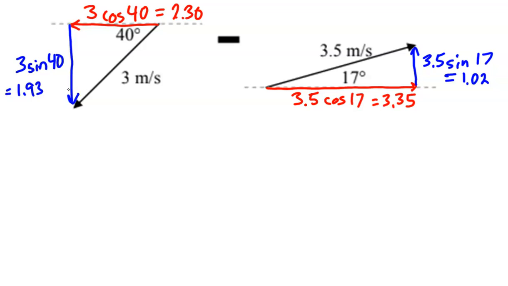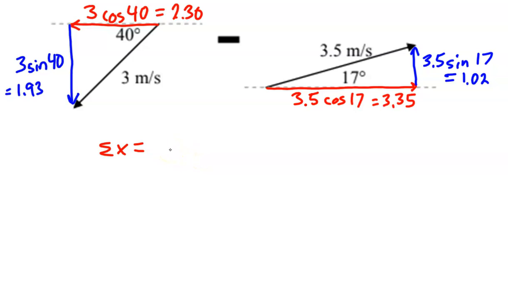The first last thing that we're going to do here is sum up our x and our y directions, our horizontal and our vertical directions. So I'm going to sum up the x direction, and then I'm going to sum up the y direction.